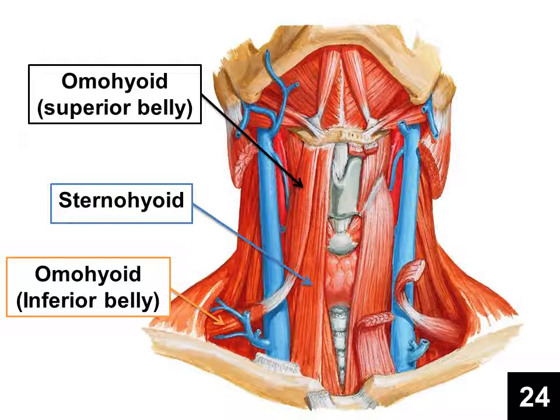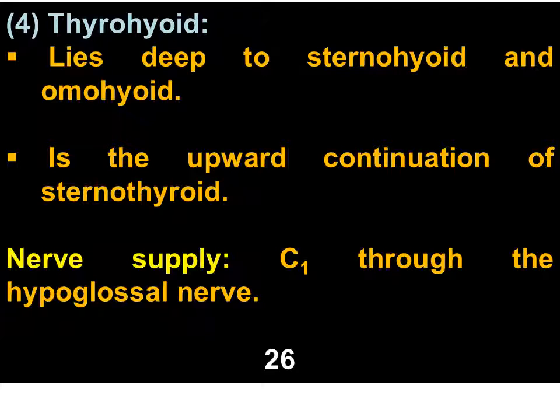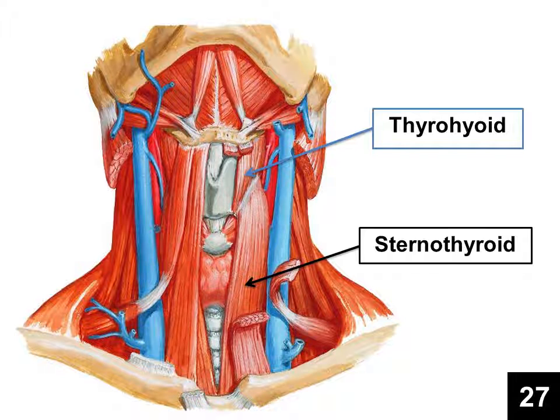Now let's come to the deep muscles. For the deep muscles, let's go to the next picture. This is sternothyroid and thyrohyoid after it. This is thyrohyoid. Let's come to this picture. We see the sternothyroid and the thyrohyoid, which lie deep to the superficial group. Sternothyroid lies deep to sternohyoid and arises, like sternohyoid, from the posterior surface of manubrium sterni just below the origin of sternohyoid, and it is inserted into the oblique line of the thyroid cartilage.